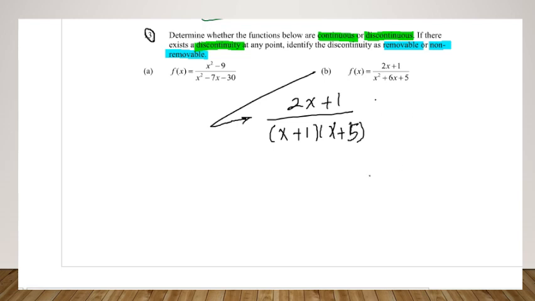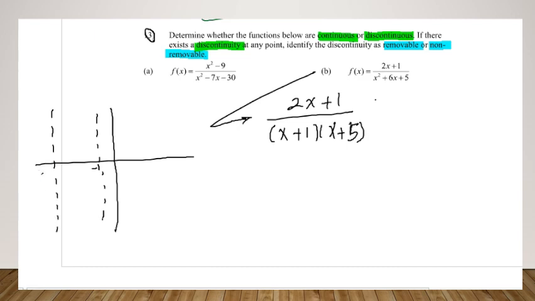So from the graph, at the point negative 1 and at the point negative 5, at x equals negative 5 or x equals negative 1, f of x does not exist. So I need to figure out the limit.